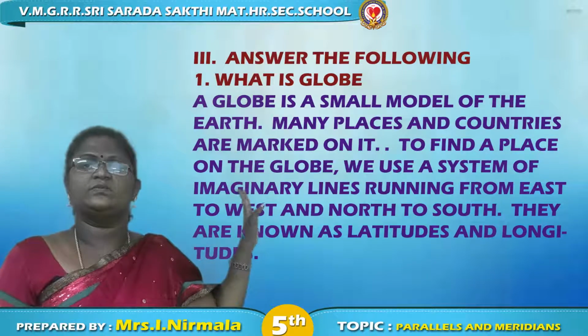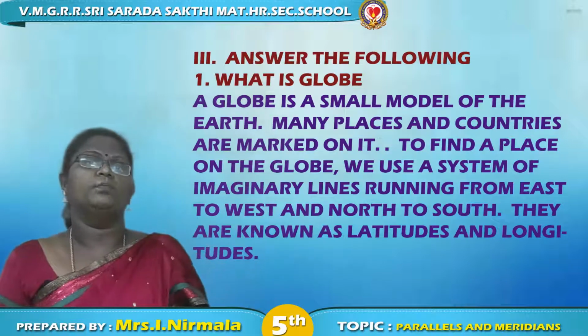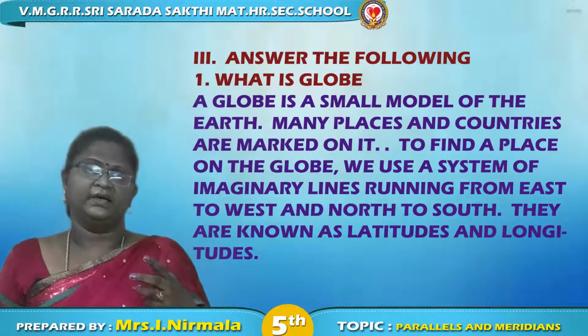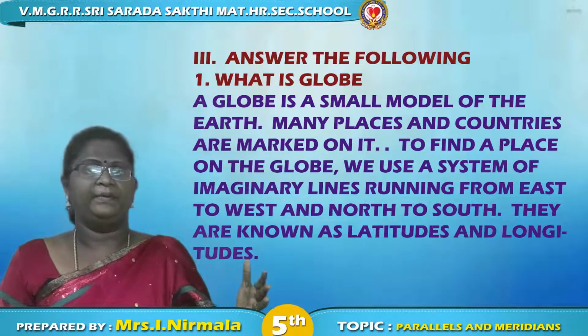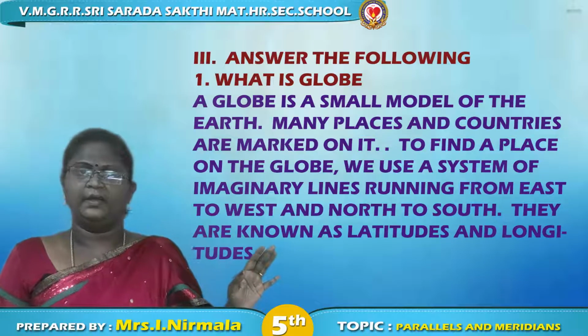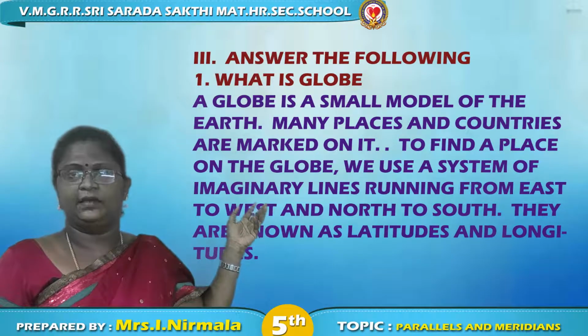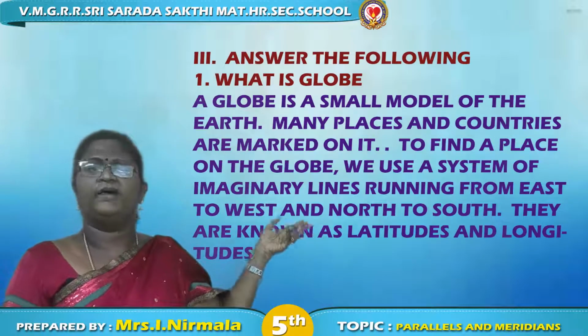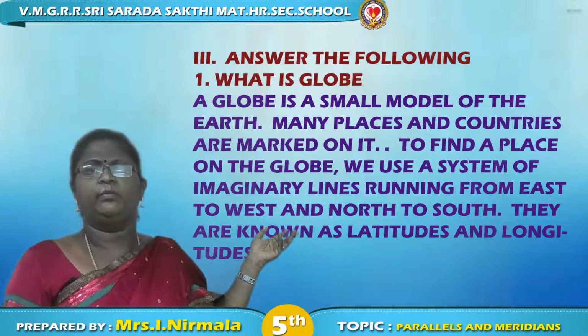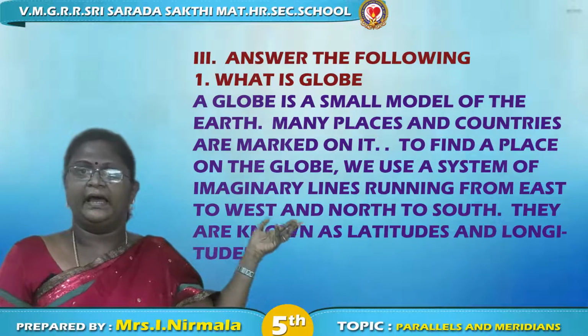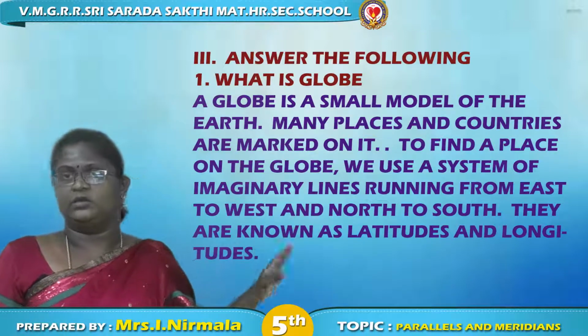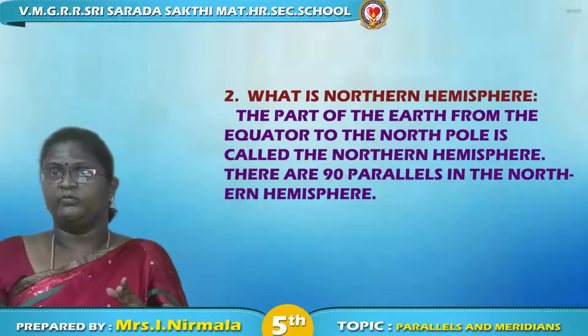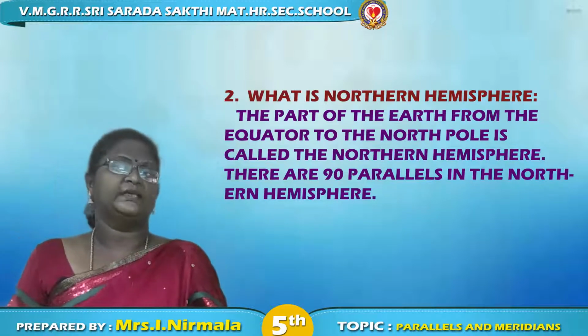What is a globe? A globe is a small model of the earth. It shows many places and countries. To find a place on the globe, we use a system of imaginary lines running from east to west and north to south. Next, what is the northern hemisphere?